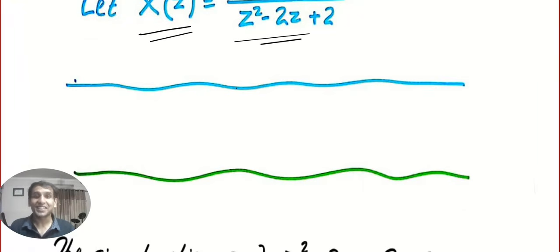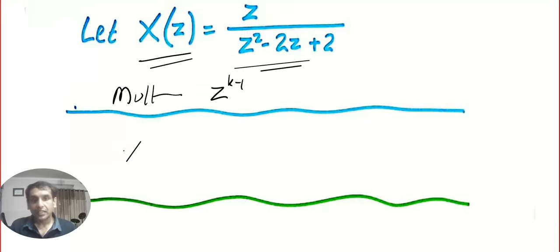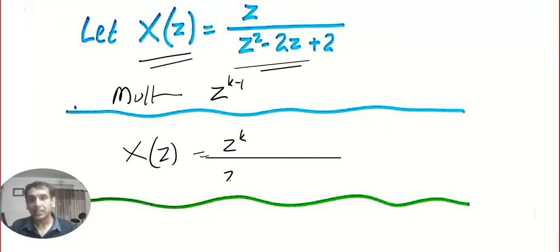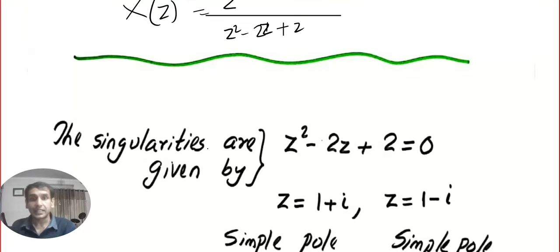Don't forget, what should I do next? Okay, very nice. Multiplying both sides by z power k minus 1. And that is going to give me z power k divided by z square minus 2z plus 2. Don't forget this step. And then, as always, the singularities are given by denominator equal to 0.